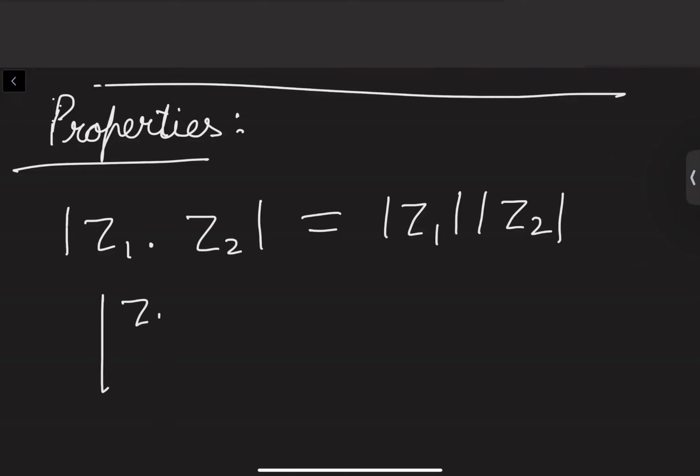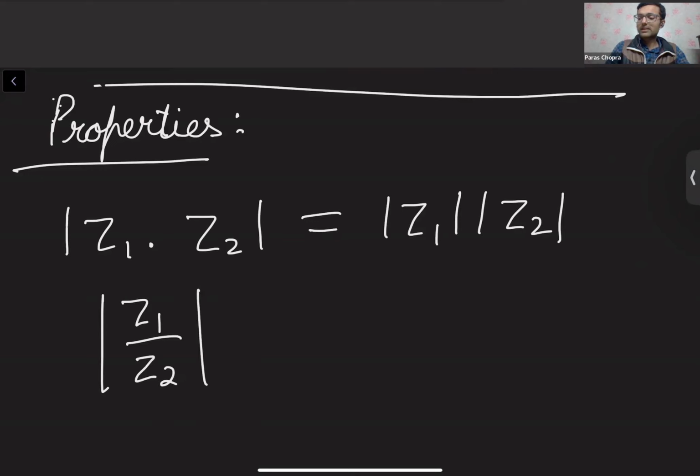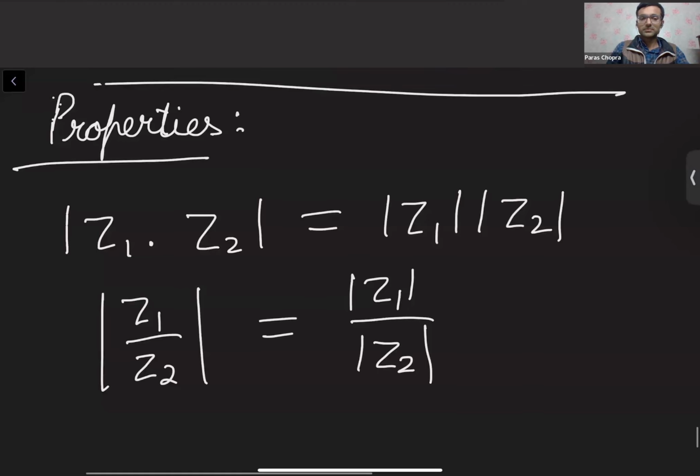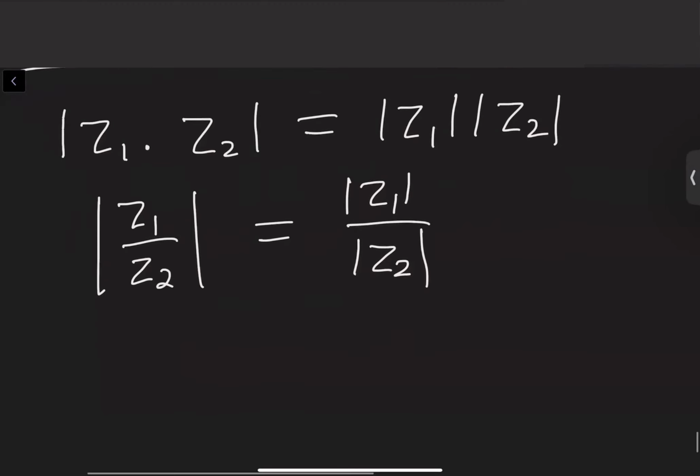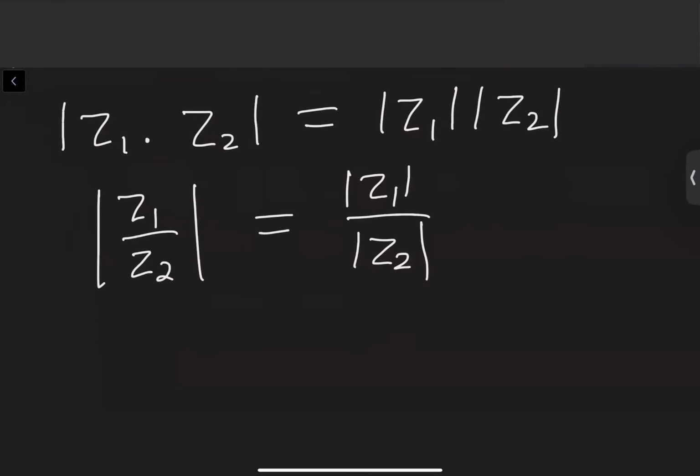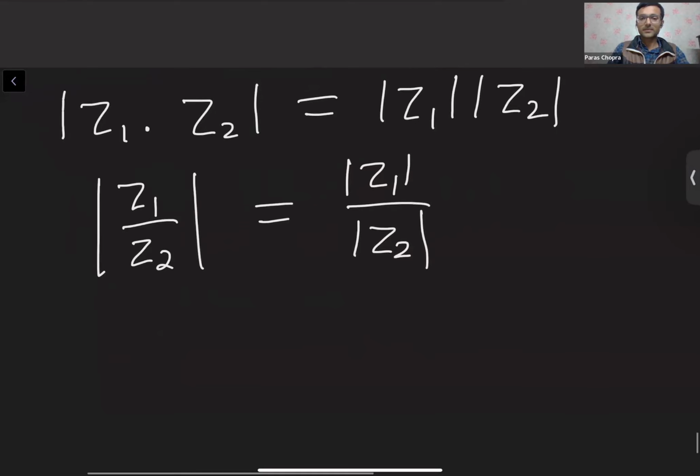Similarly, the modulus of z1 by z2 is equal to the modulus of z1 divided by modulus of z2. So लेफ्ट हैंड साइड में हम पहले मल्टीप्लाई या डिवाइड कर रहे हैं, उसके बाद मॉड्यूलस निकाल रहे हैं. राइट हैंड साइड में हम पहले मॉड्यूलस निकाल रहे हैं, उसके बाद मल्टीप्लाई या डिवाइड कर रहे हैं. The property says both of them will be the same complex number.